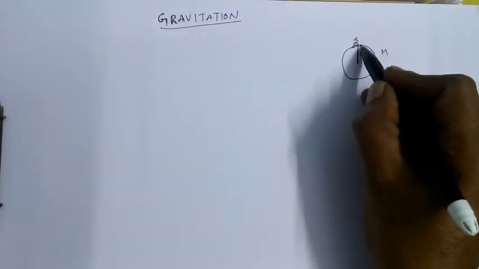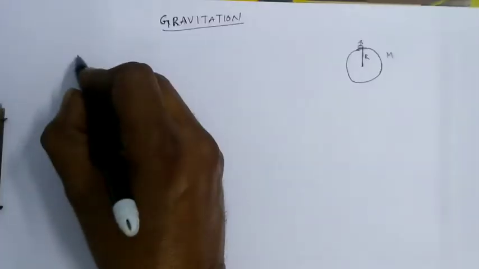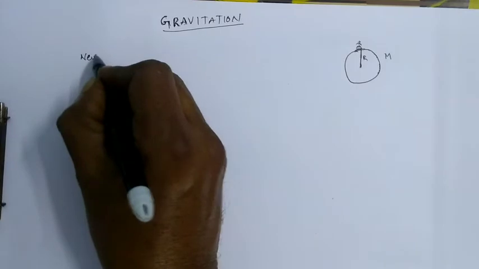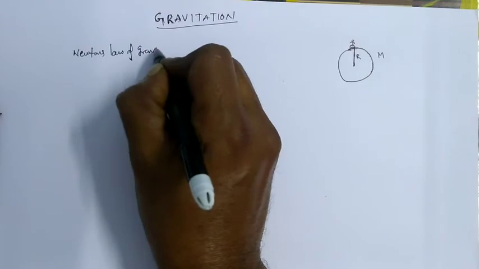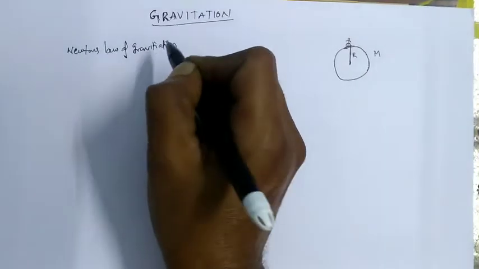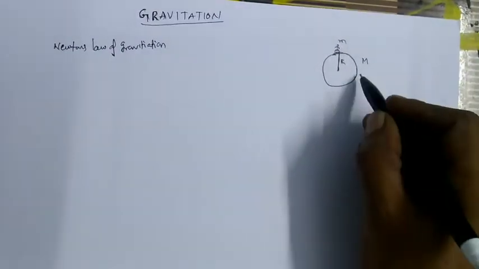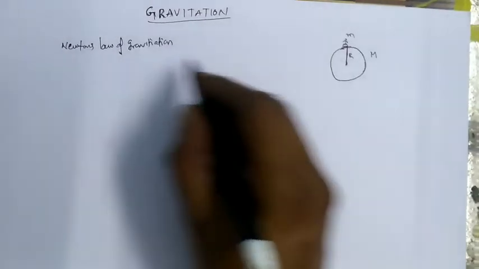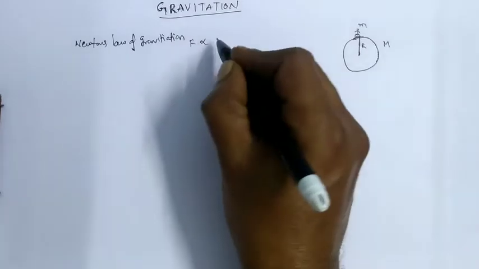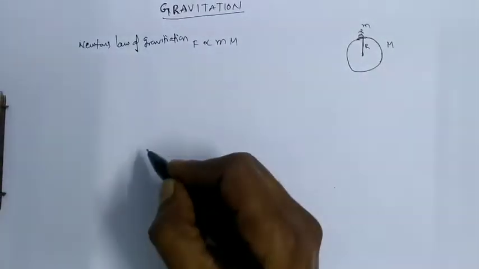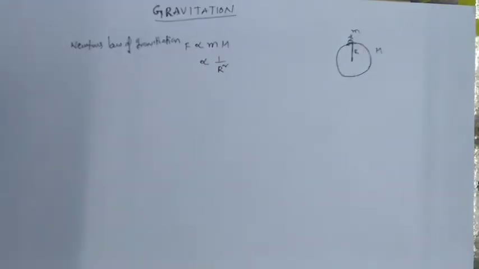Now, when a person is on the surface of the earth, some force will be acting on that person. According to Newton's law of gravitation, the force between two bodies, one a body of mass small m and the other the earth of mass capital M, is directly proportional to the product of their masses and inversely proportional to the square of the distance between them.